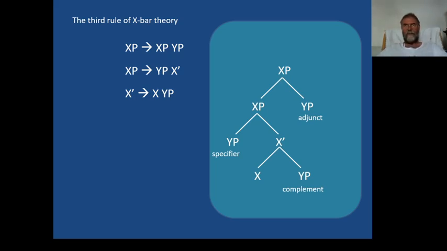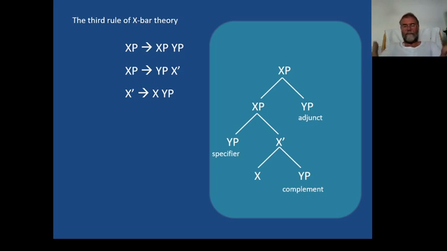Okay, we've seen that we've got specifiers which are possessors, not subjects. So the position is referred to as the specifier position. The subject of certain phrases, i.e. IPs, is the subject. Similarly with complement, not every complement is an object. An object is a particular type of complement, a complement of a verb, which is a transitive verb.